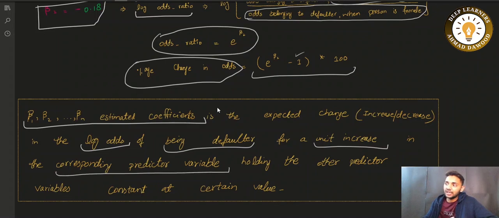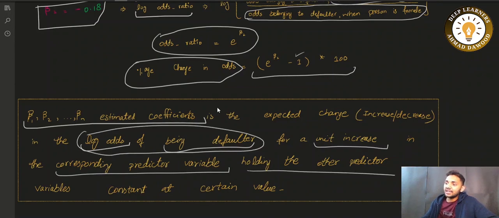If it is duration, then we can say a unit increase in the predictor variable, and if it is the male column, a binary column, then we can say when male is equal to 1, how much will be the increase or decrease in our log of odds of being default, holding all other predictor variables constant at a certain value.